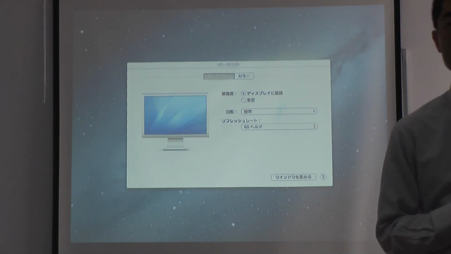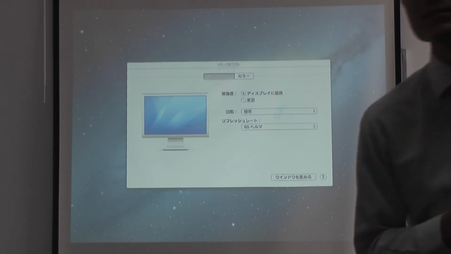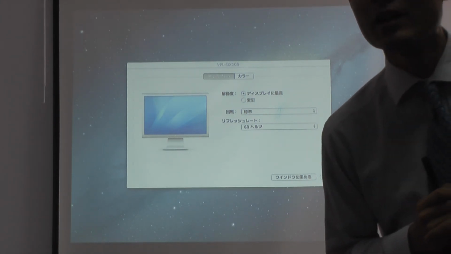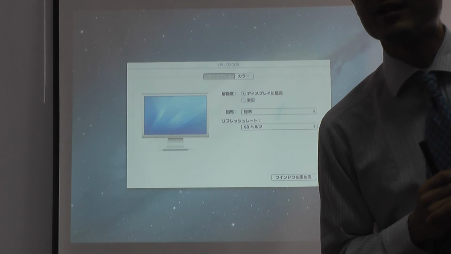Could you tell us about the disadvantage of higher model? Higher model? What do you mean higher models?